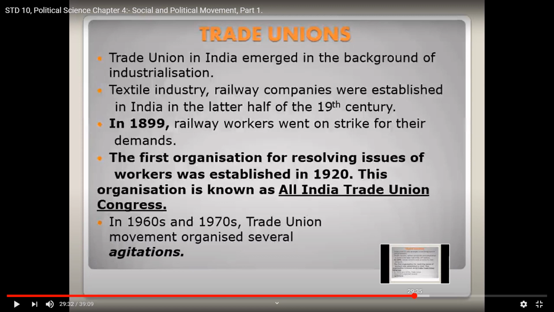The reason is that many times the people who are running the company, the decision makers in the company, at times don't seem to understand the difficulties or the demands put forward by the workers. So this is the time when these trade unions come onto the scene, and they try to bring pressure on the government as well as the company owners, managers and traders to solve the problems as well as look into the issues of the workers.